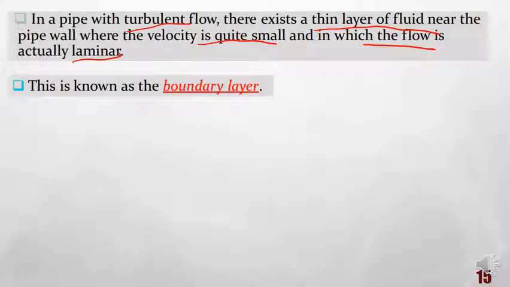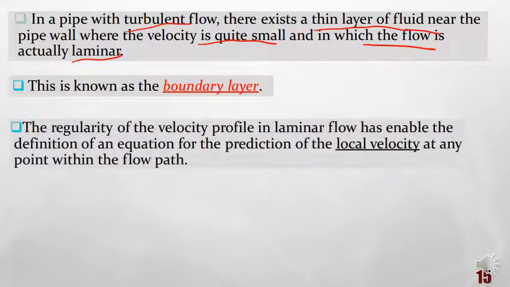At that area, there is a condition we call a boundary layer. In this boundary layer, the regularity of the velocity profile in laminar flow has enabled the definition of an equation for the prediction of local velocity at any point of the flow.